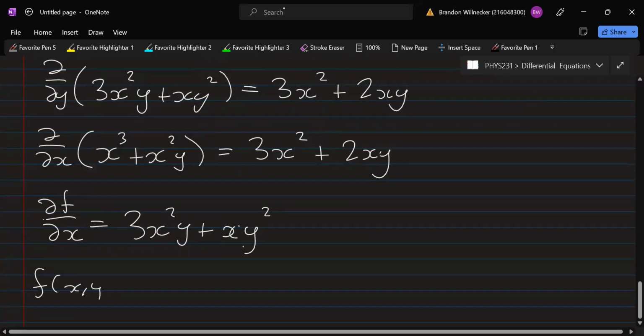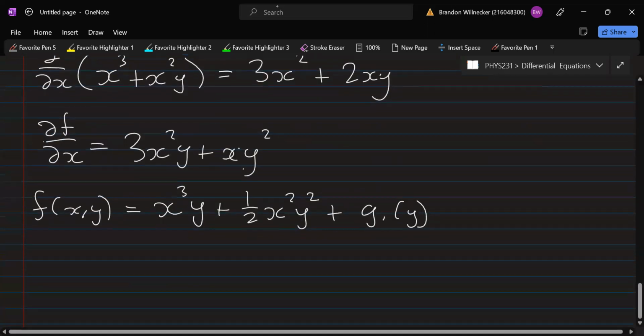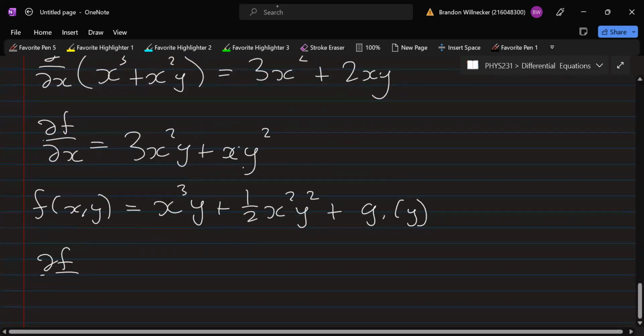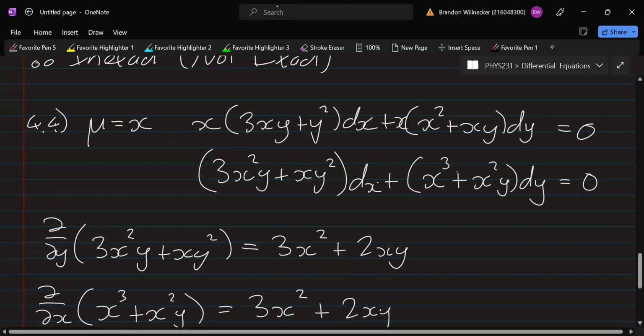So f(x,y) is going to be x³y + 1/2 x²y² plus some function of y. We don't know what it is yet. Then we have df/dy is going to be that other term, the x³ + x²y.